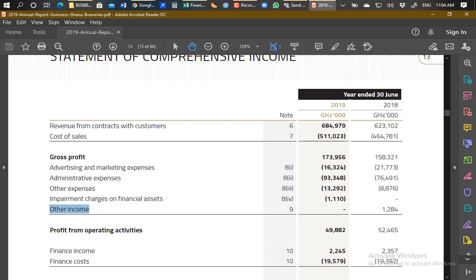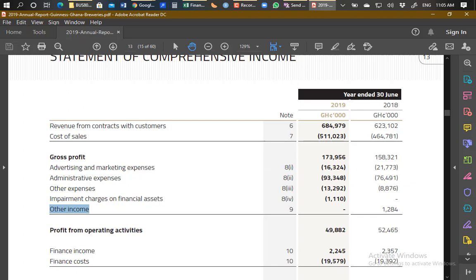Or after just getting the gross profit here, you can add the other income to get your gross profit adjusted with the other income, and then you subtract the other expenses.